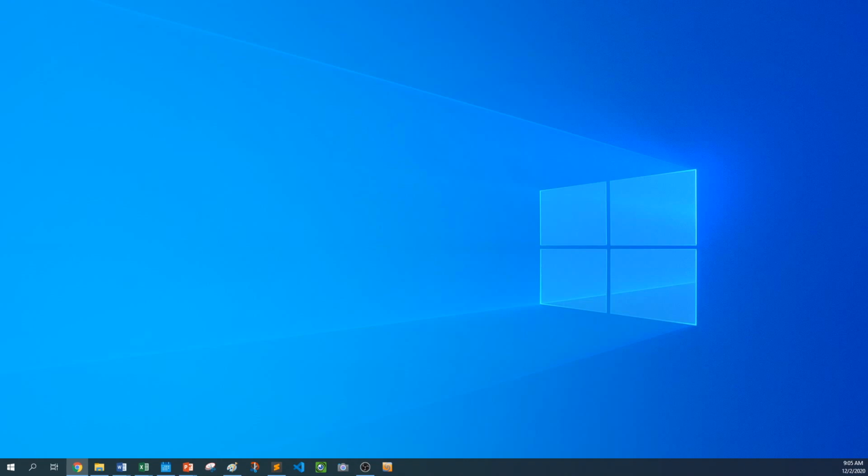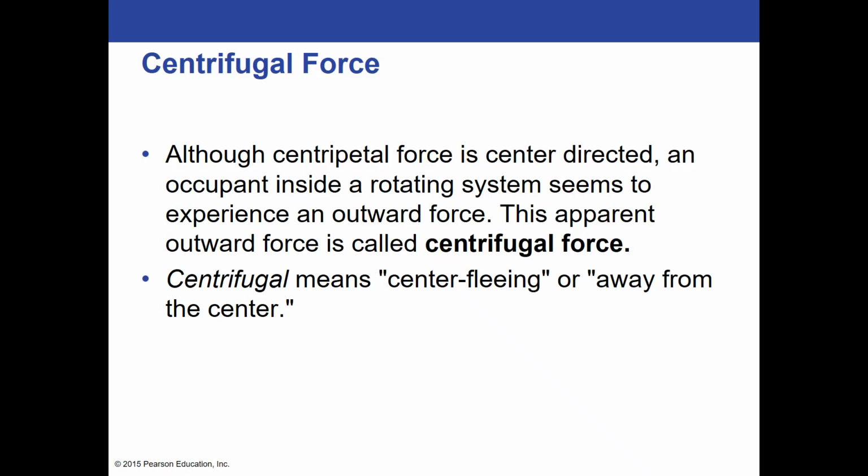No, fugal means fleeing. So centrifugal means center-fleeing, or away from center. This is a fake force.